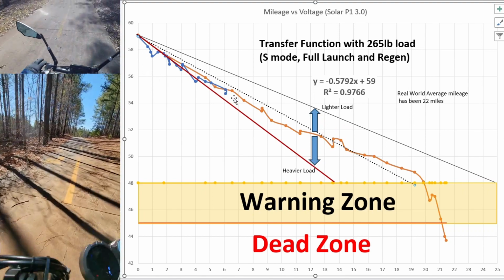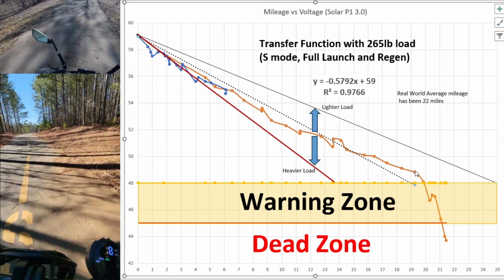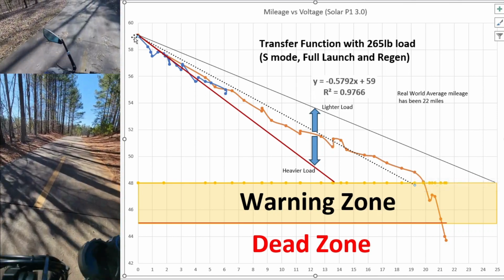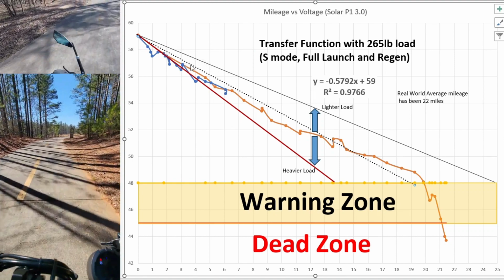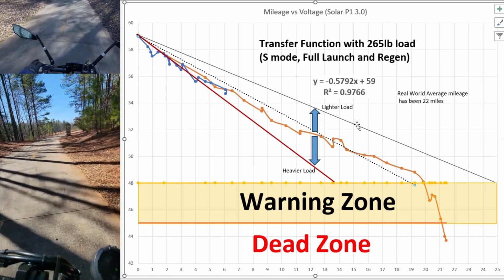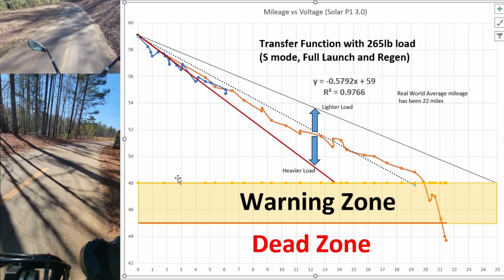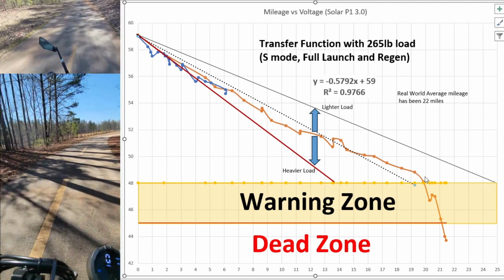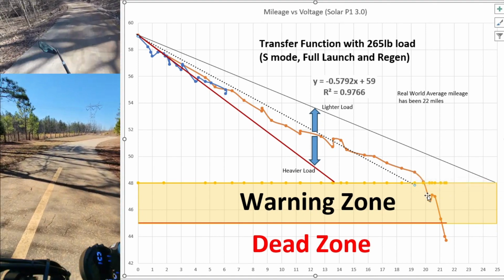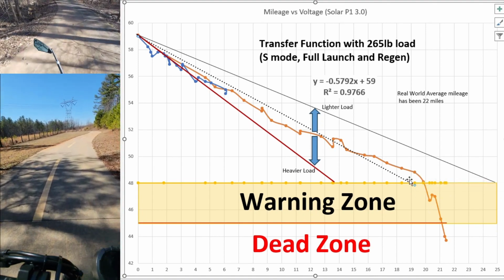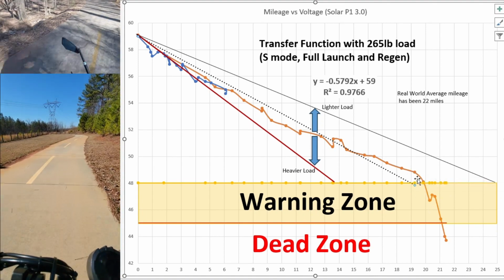But since this is fairly linear until it gets to this drop off point, it would be easy for a rider to just take maybe 4 or 5 measurements. They don't even have to do the full curve because after about 49 volts, you're going to run into this cliff where you're not going to get the same performance anymore.